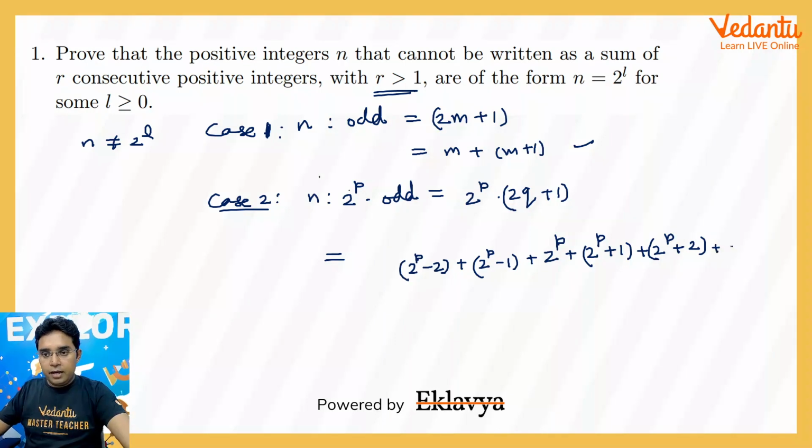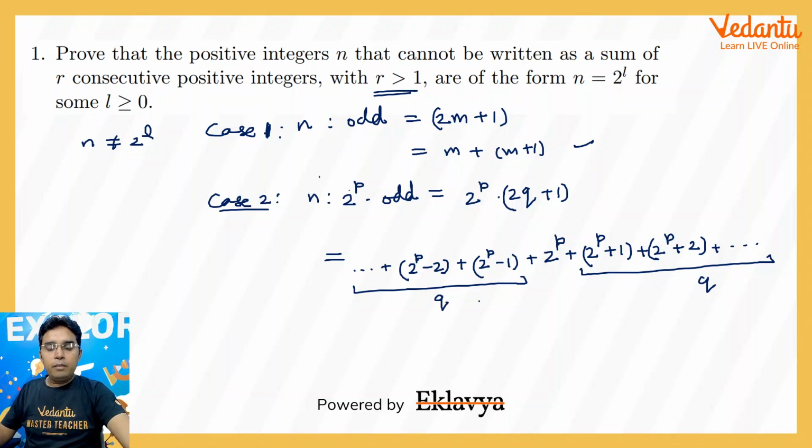If I keep doing this, I have added q terms on each side, and by the sum of 2q plus 1 terms of an AP, or the property that first term plus last term equals second plus second-last term, and so on, you can check this sum will be equal to n.